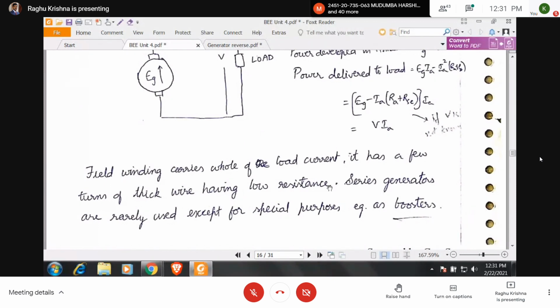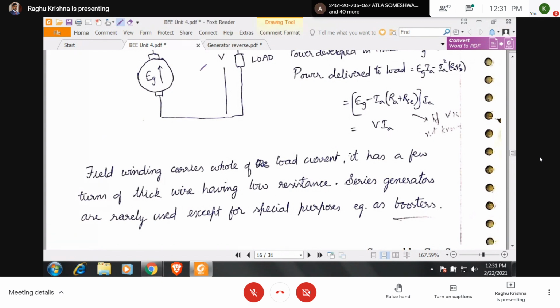So here the field winding carries whole of the load current. It has a few turns. Why few turns? So here MMF, what is the formula for MMF? One of you please respond.